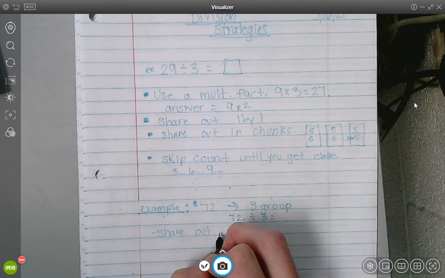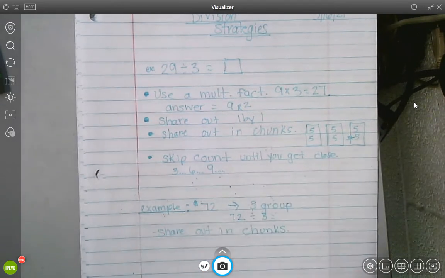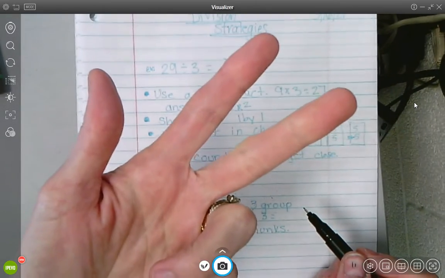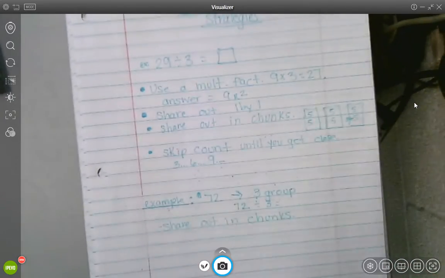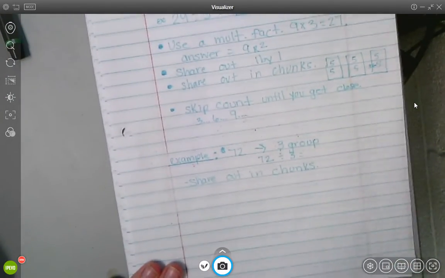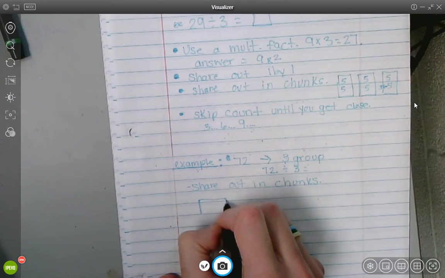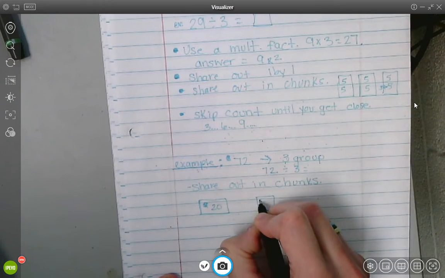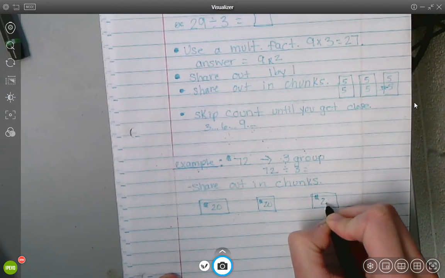So share out in chunks, what I'm going to do. I know, let's see, 20, 40, 60. I can get to $60 if everybody gets a $20 bill. Hopefully you guys can see this. It looks really light. So everybody's going to get a $20 bill. 20 for this group, 20 for this group, and 20 for this group.